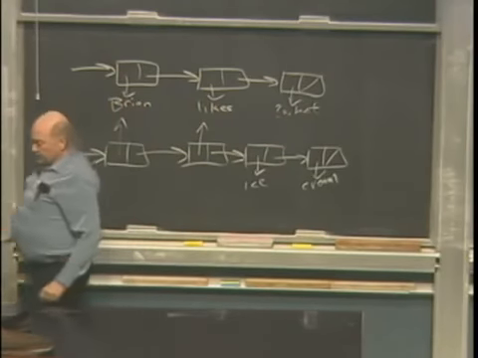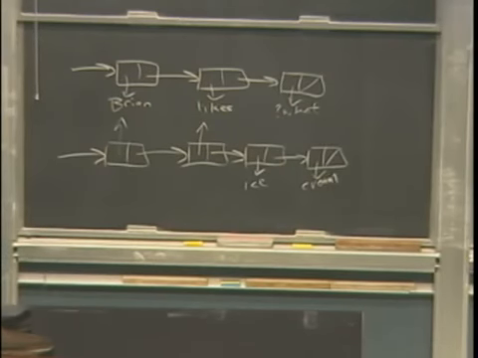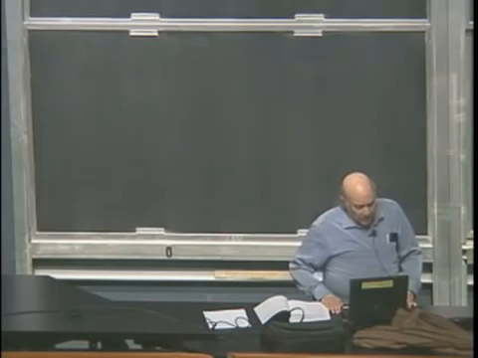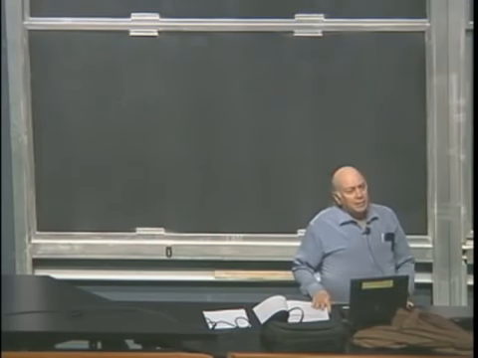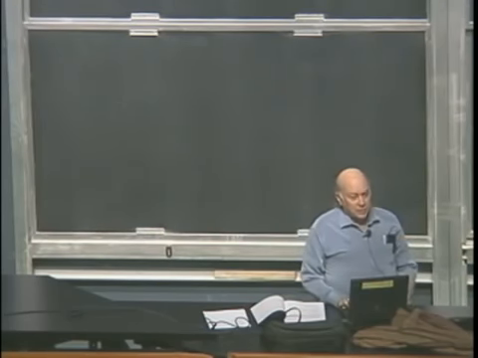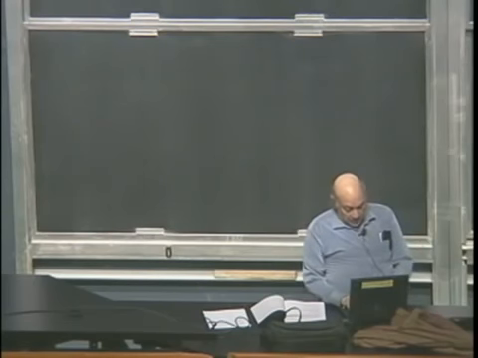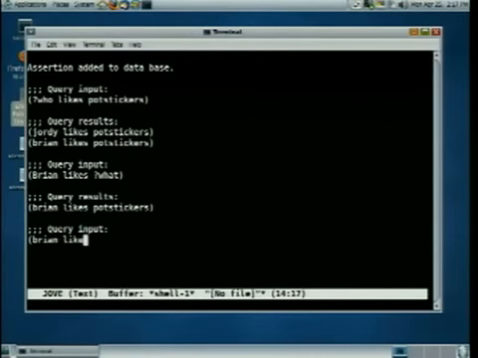So we could solve that problem by taking advantage of the notation that we have for improper lists. So I'm going to ask the question, Brian likes dot question mark what?